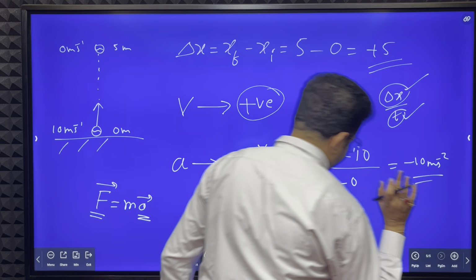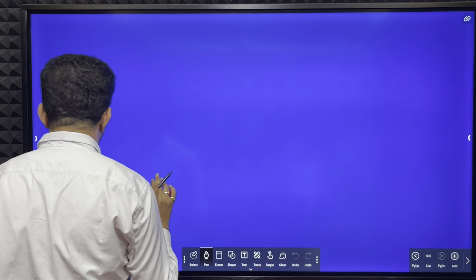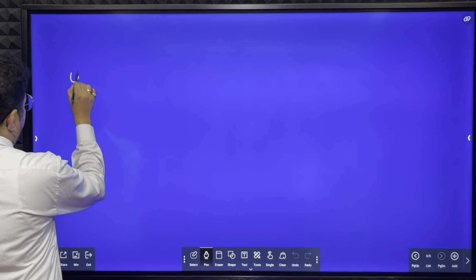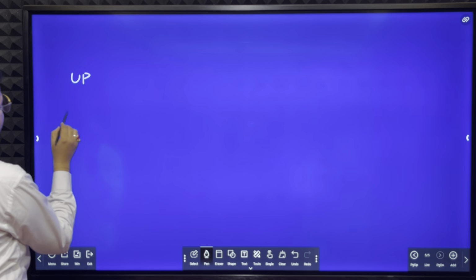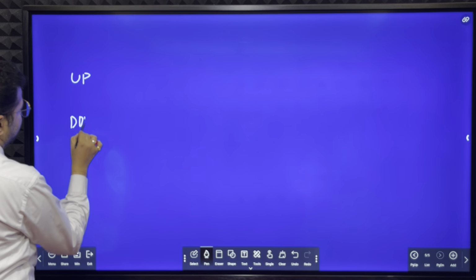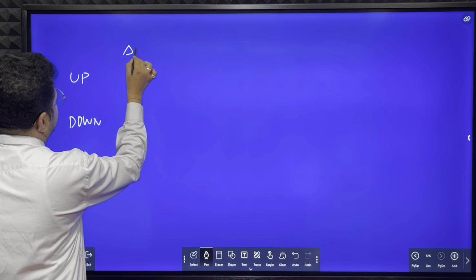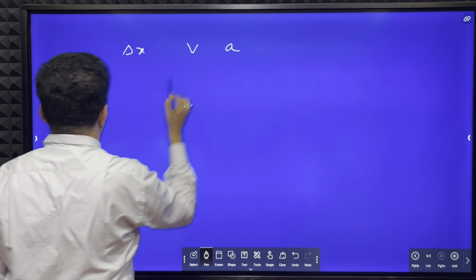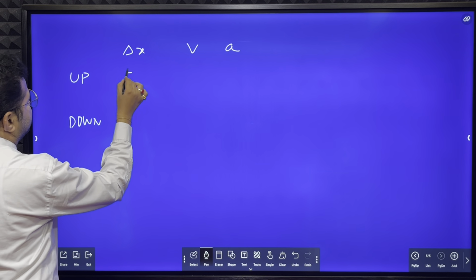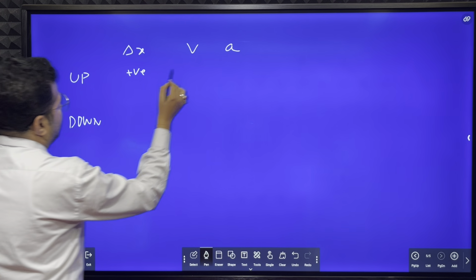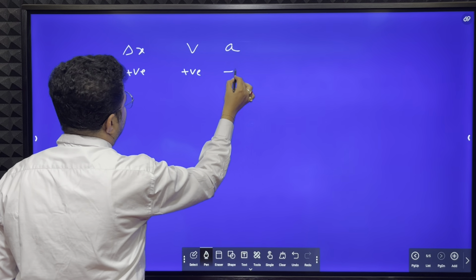You need to summarize this. During upward motion and during downward motion: displacement, velocity, acceleration. During upward motion, displacement is positive, velocity is positive, acceleration is negative.